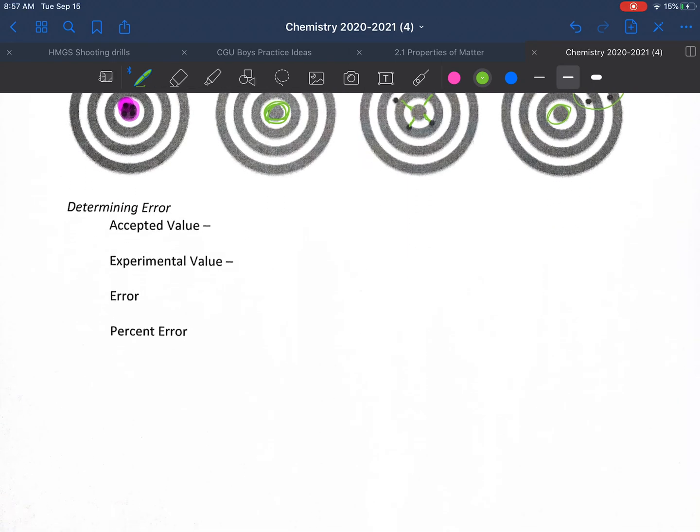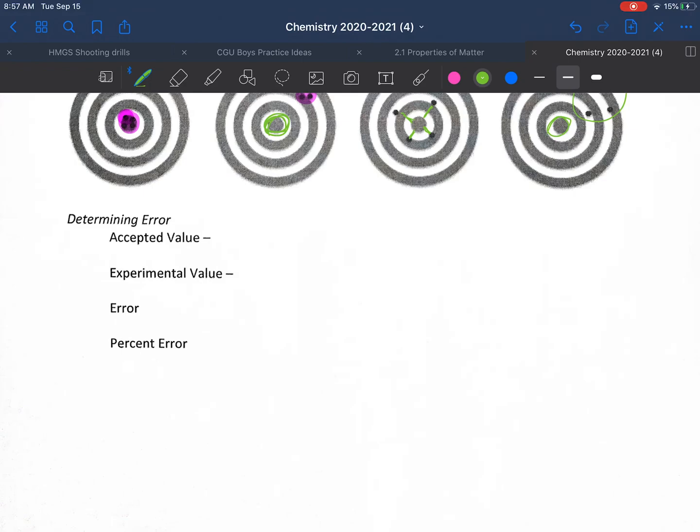Okay, so let's talk about determining error. This comes from having these true values that we can look to. So we first have to define what is our accepted value. And like I was saying earlier, it's our correct value based on reliable references. Our experimental value are values we measure in lab.